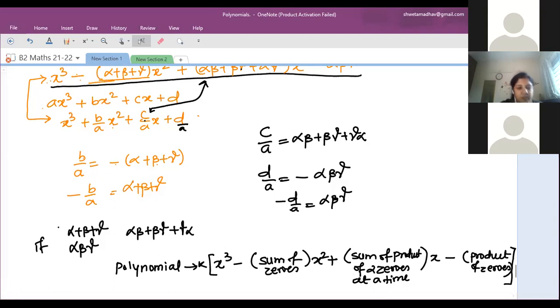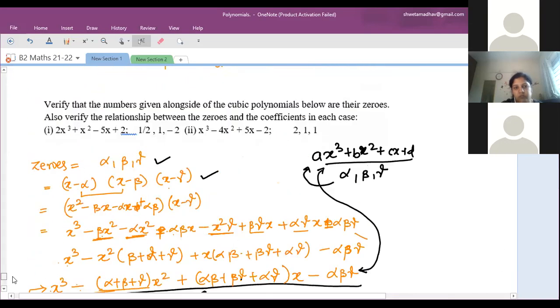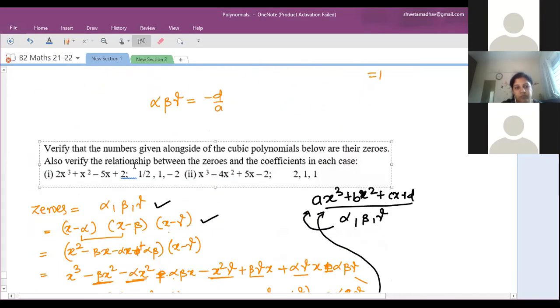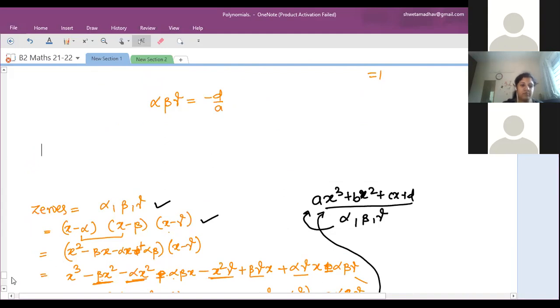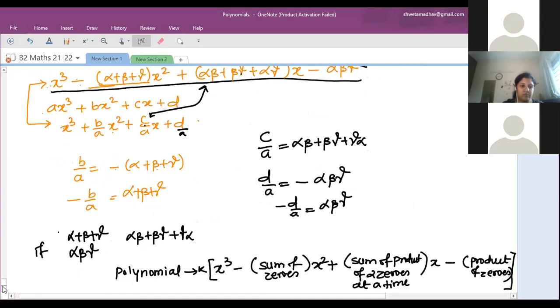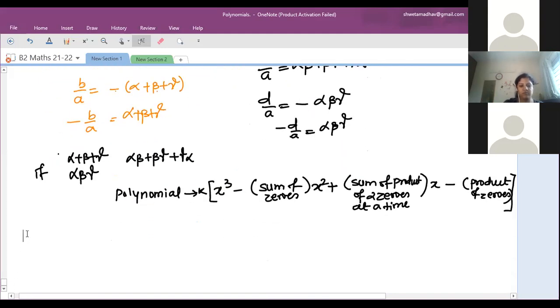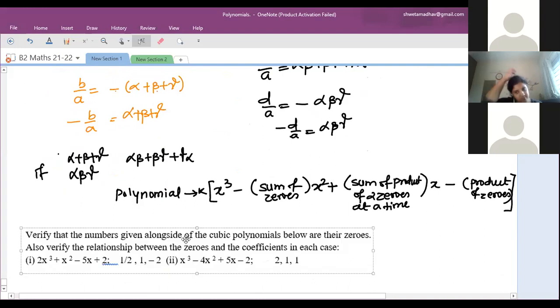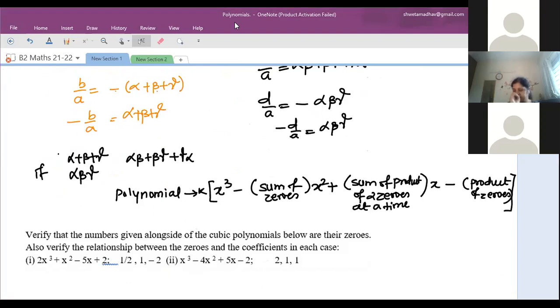Let's continue the 49th and 50th question. 17 sevens are 119. 23 nines are 207. Ma'am, do we have to substitute each of the zeros individually, one at a time? Yes, individually one at a time you have to substitute and check that these three are the zeros of this polynomial.